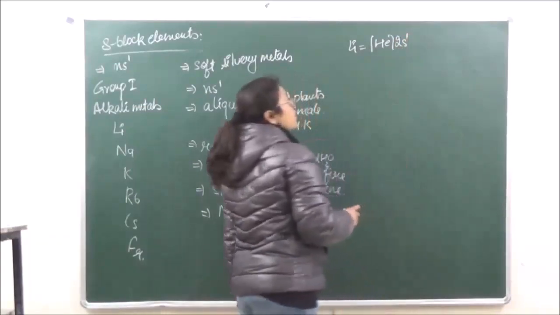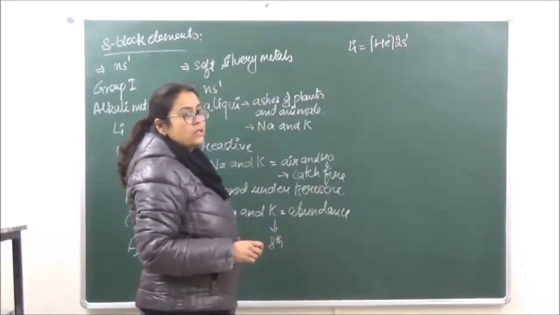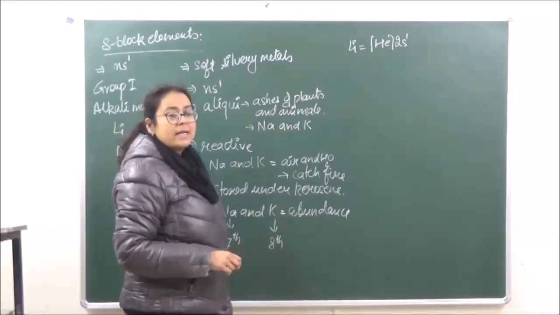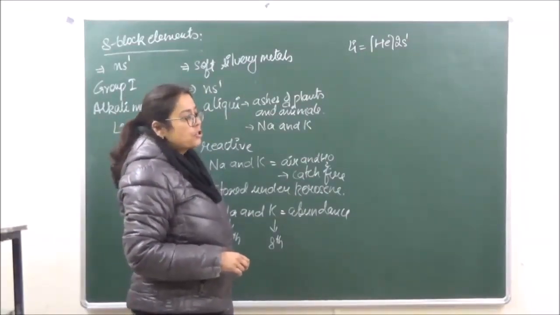So when we are looking at the electronic configuration of each of these, the electronic configuration of lithium is helium 2s1. So if it loses this one electron from s, it will attain the nearest noble gas configuration of helium.